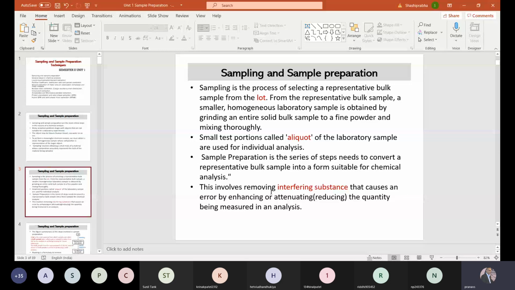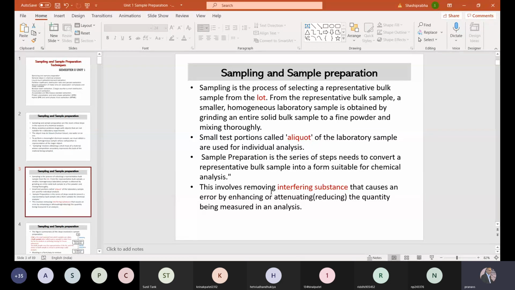So this is one major thing which bothers in chemical analysis, and therefore you find several methods available in literature, even for solids, even for liquids, and even for gases. The only reason behind having so many methods available is because the composition of the matrix changes from sample to sample.